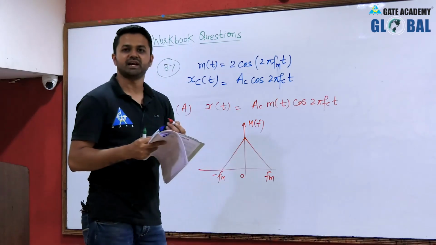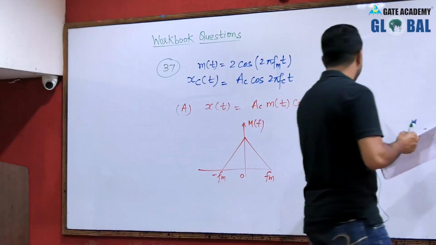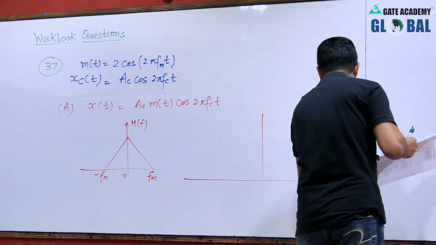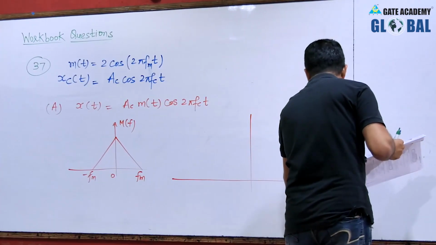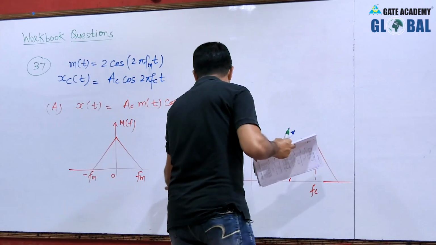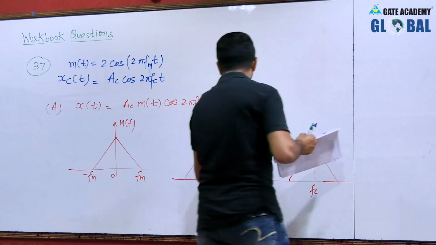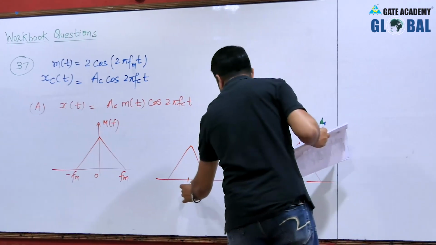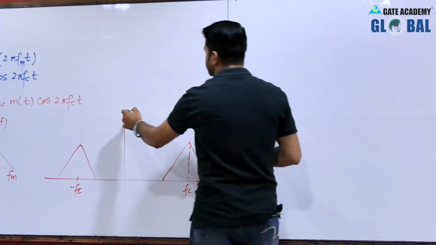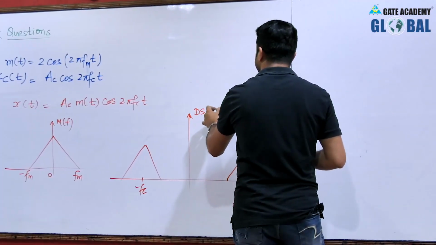Then if we multiply it by cos, it shifts to the cosine frequency, which is fc, so it will shift to fc and minus fc, and there is no carrier component present at fc. That's why this is called double sideband suppressed carrier.